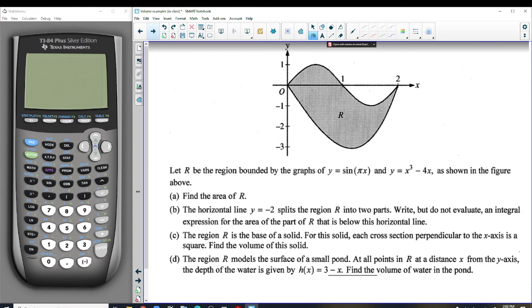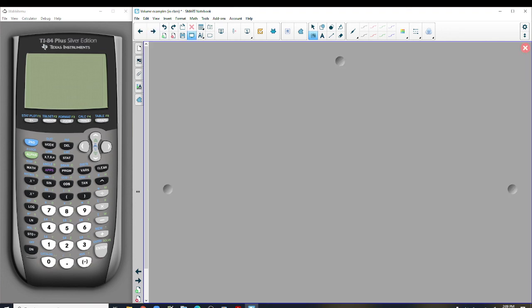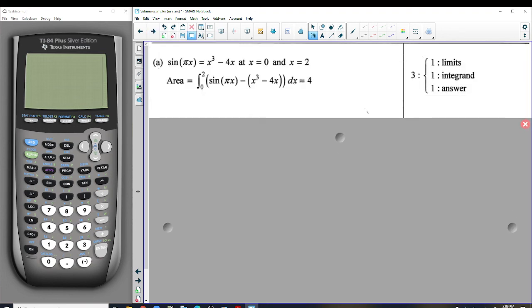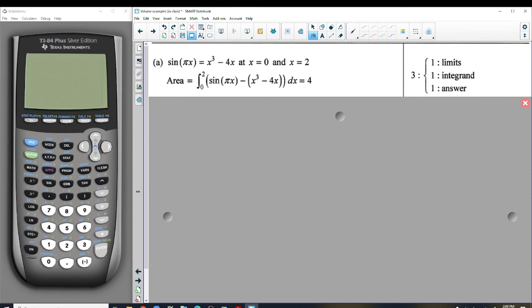You literally entered a -2 into the line. Okay. Did you get 4 for A? Yep, 4. That works out nice for being sine.